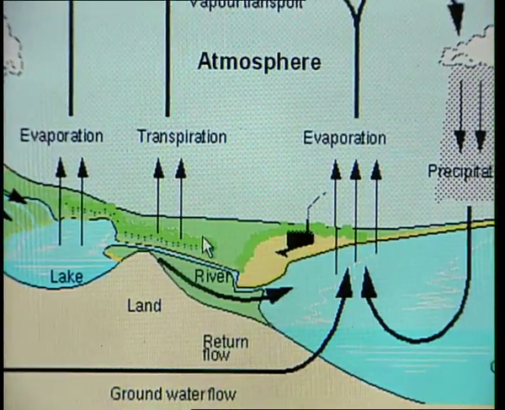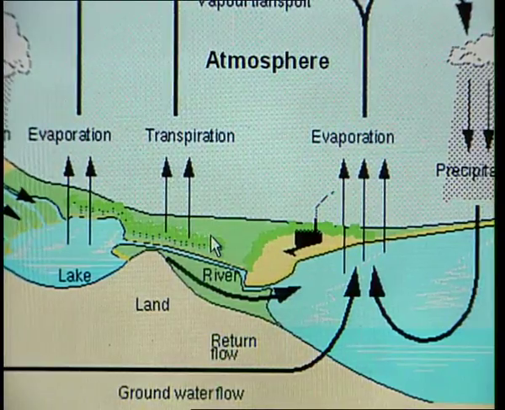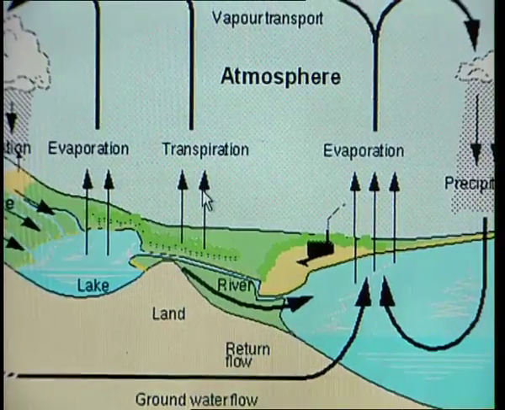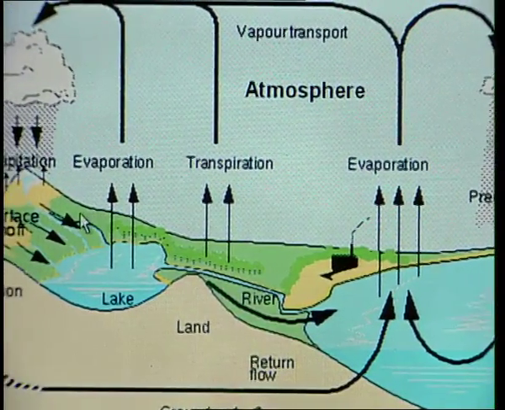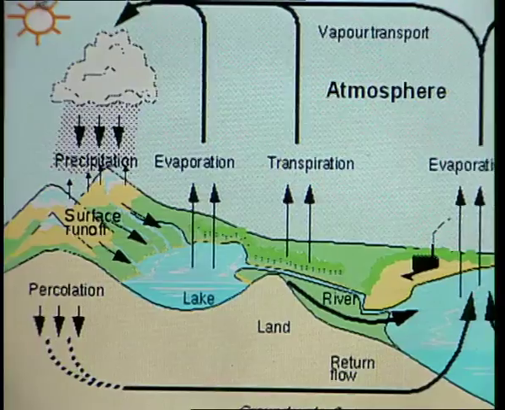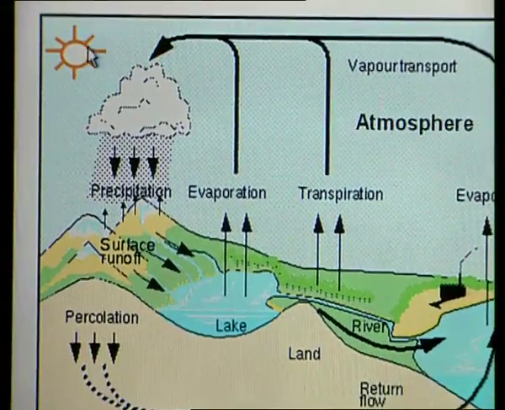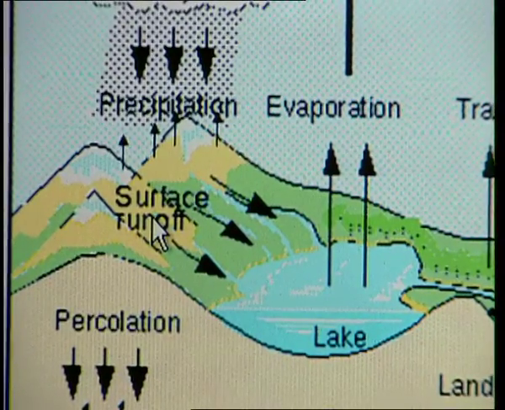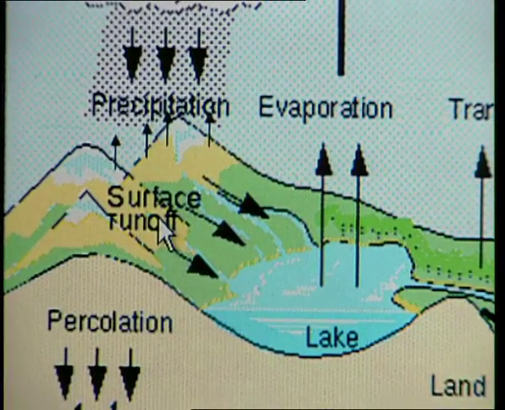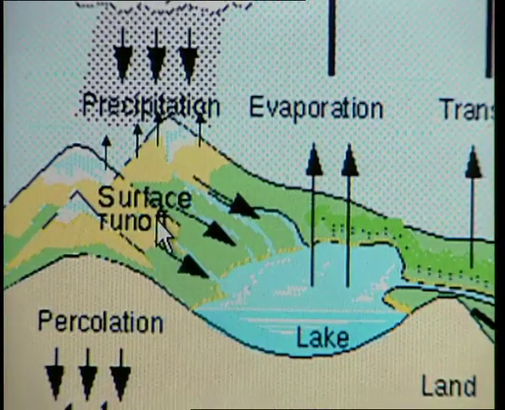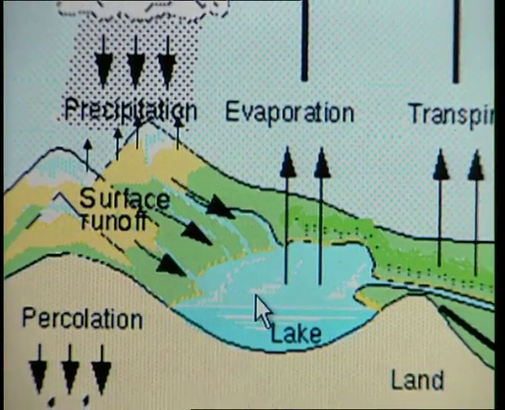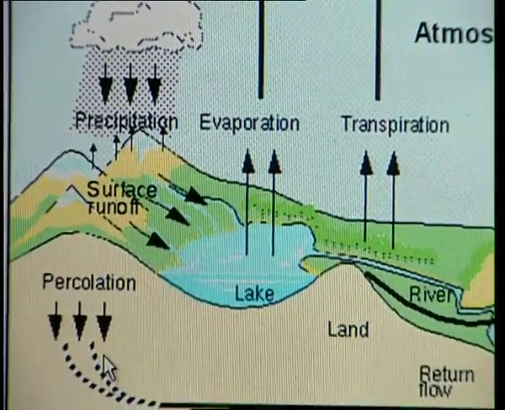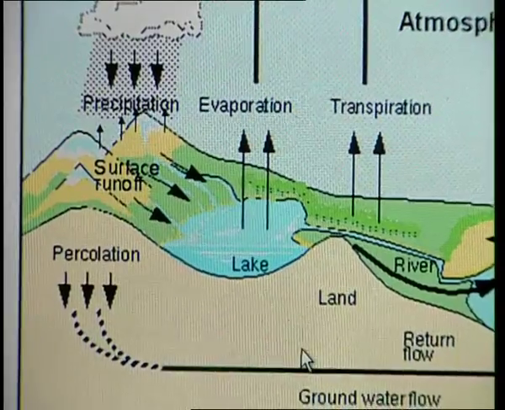Plants and animals also release water to the atmosphere by transpiration and sweating. The energy for all this evaporation comes from sunlight, or the energy from the sun. Some of the precipitated water runs off the surface of the land into streams and lakes, and some percolates down through the soil to accumulate as groundwater.